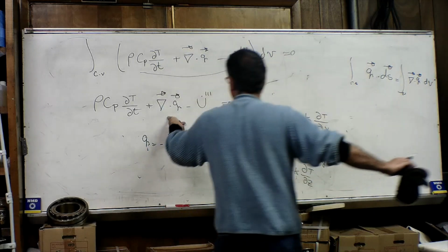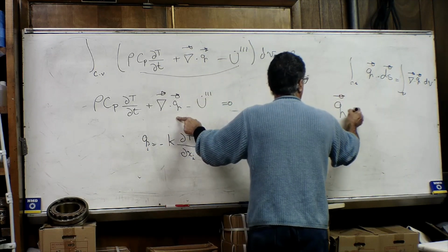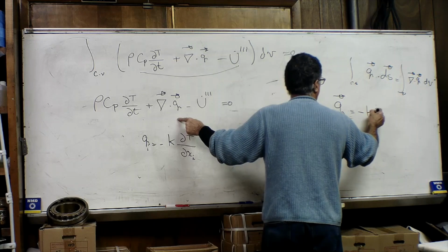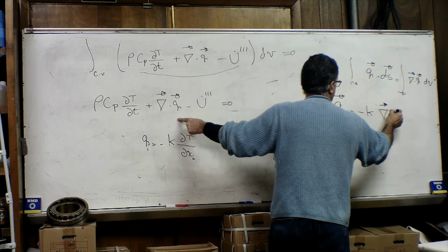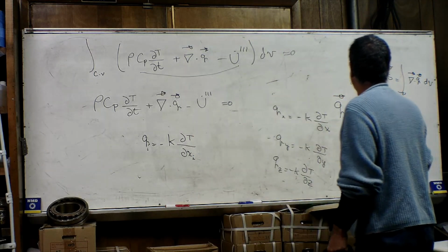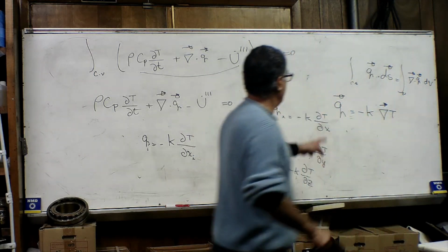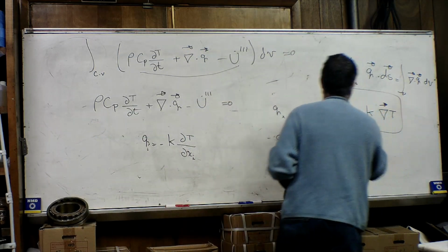In vector form, we can write this Q vector is equal to minus K del T.